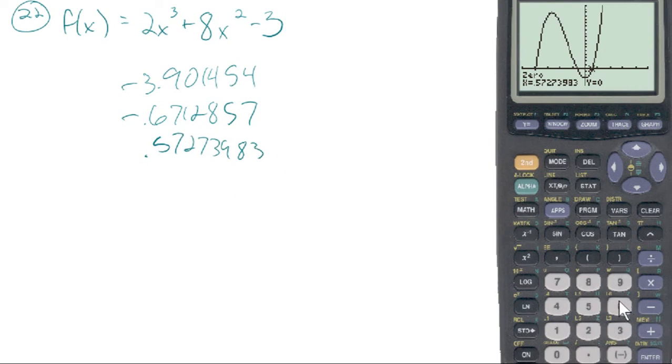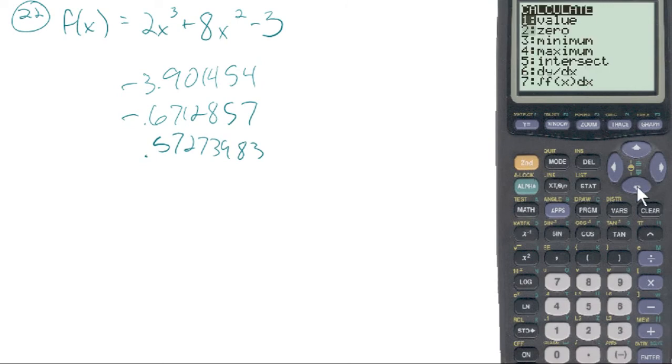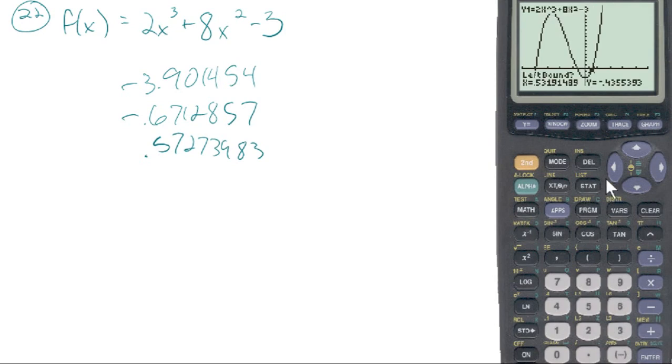Is plenty of accuracy. And now we want to find a maximum and a minimum. So we go to calculate again. And hey, look at that, maximum. I'll just start on the left and go to the right. So left bound, exactly the same thing. Find a point to the left of the maximum. This one will work. This one's definitely to the right. And what's our guess? Just make sure you get close to the maximum and not this minimum.